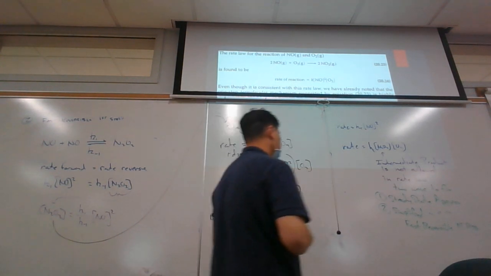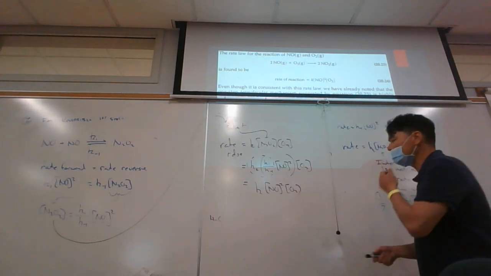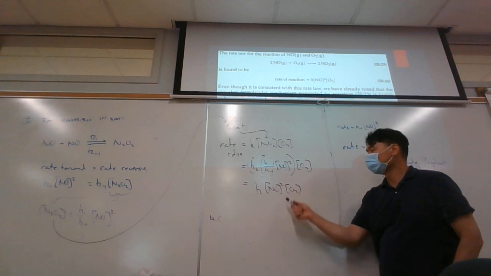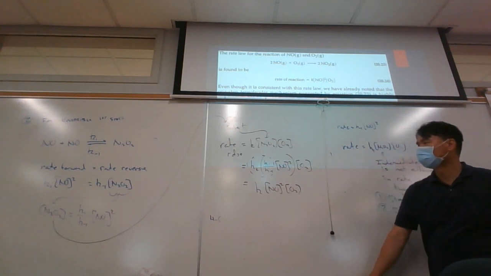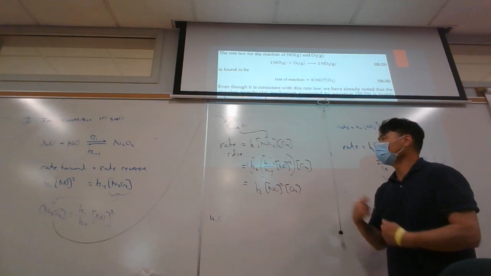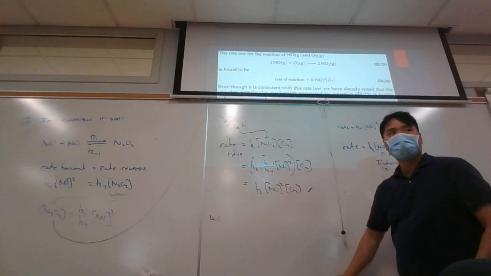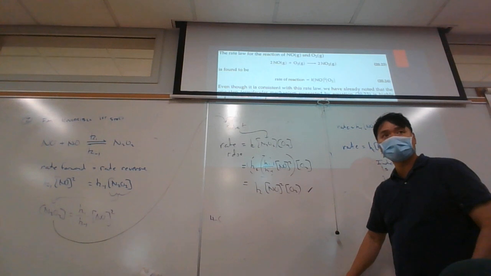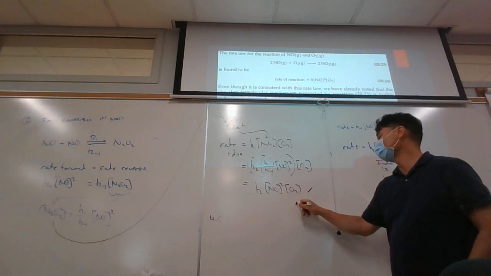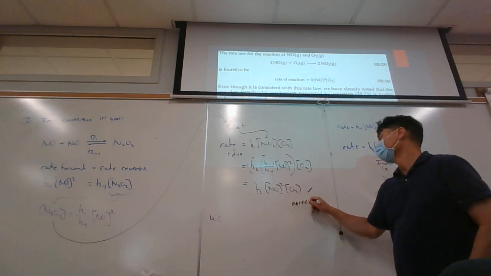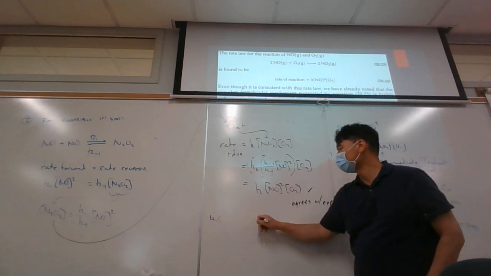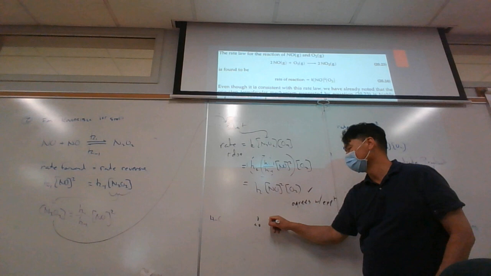And so the formation of the intermediate depends on the NO squared. And so this is what we end up with here. And so the rate law from the mechanism agrees with the rate law from experiment. Therefore, this mechanism is plausible.